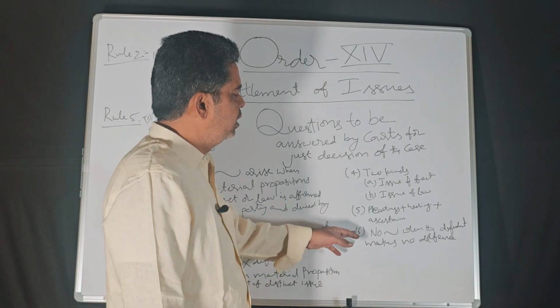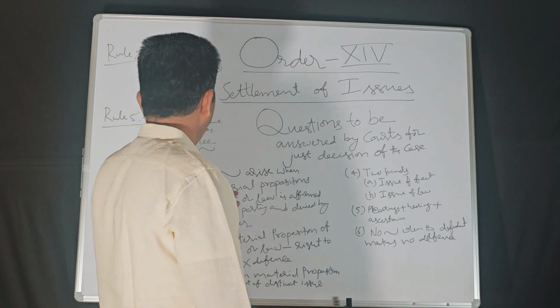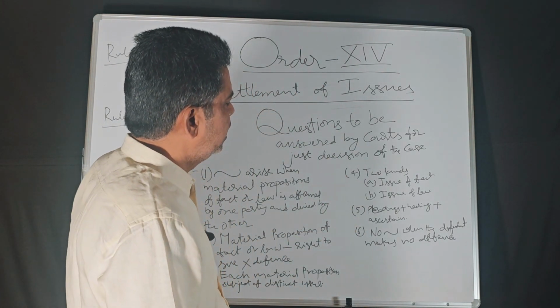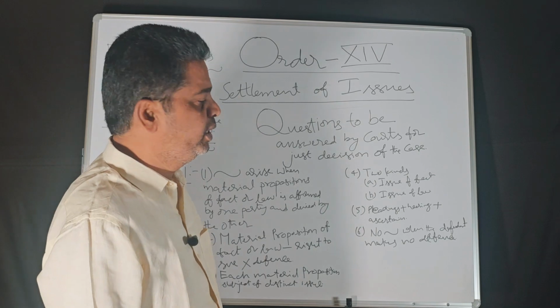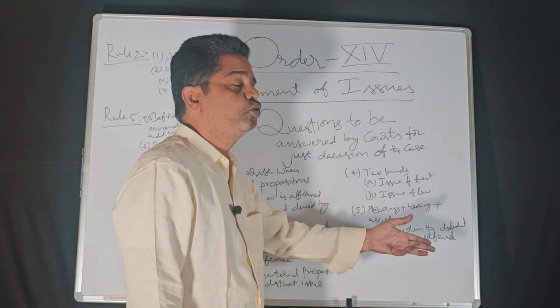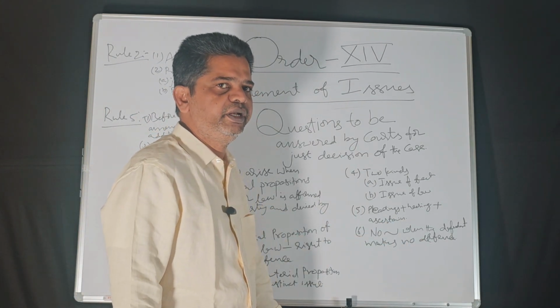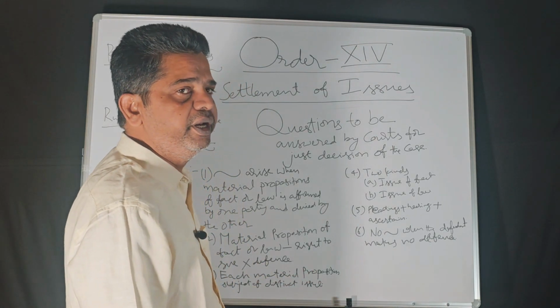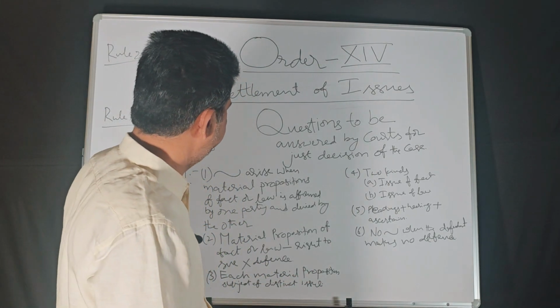Sub-rule 6 of Rule 1 says that no issues need be framed by the court when the defendant makes no defense. Apparently, when the defendant doesn't deny any fact of the plaint, the court has no need to frame any issues in the suit.